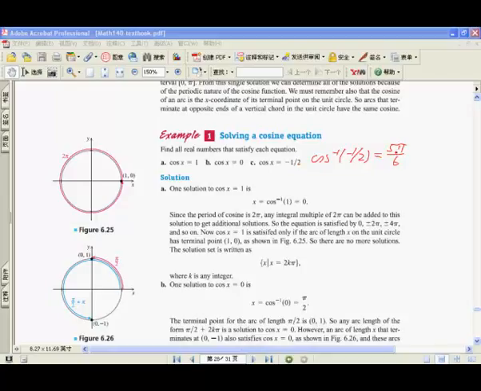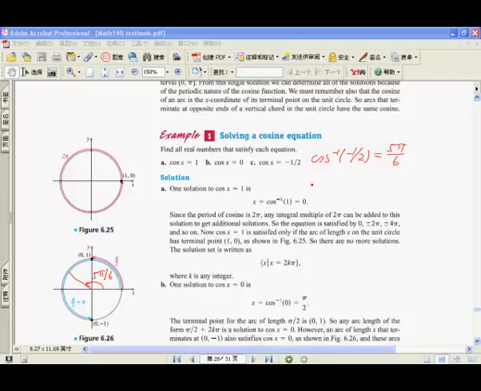Let me first sketch this angle in this rectangular plane. So 5 pi over 6 is about here. Okay, so this is the 5 pi over 6.